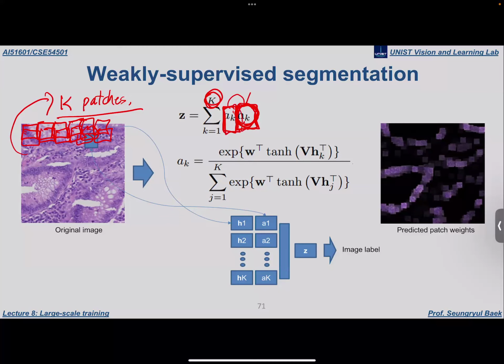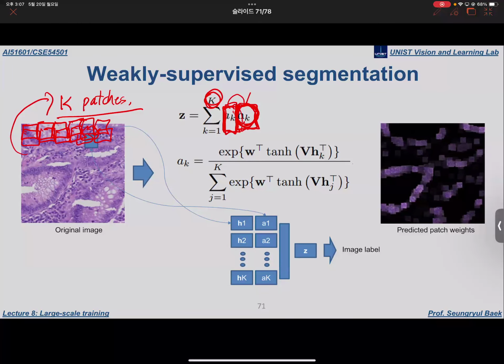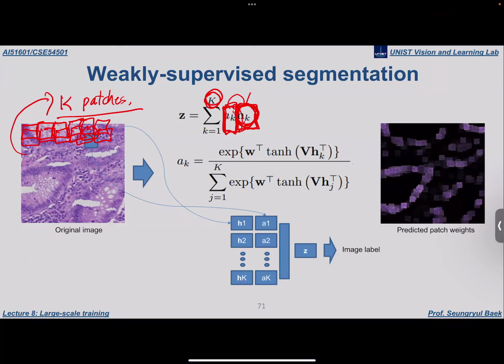H of K is a vector, but A of K is a one-dimensional scalar value. Anyway, we will sum over these K patches to get another hidden layer Z.